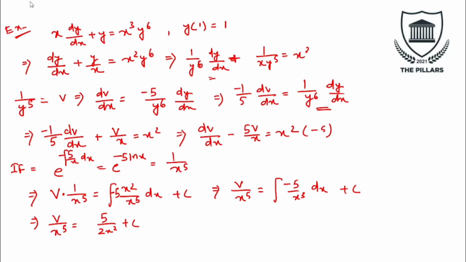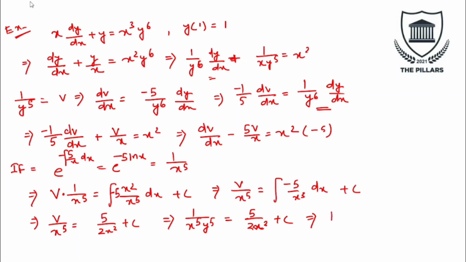And after substituting the value of v, we will get 1 by x to the power 5 into y to the power 5 is equal to 5 by 2x square plus c. Now we have been given this condition that y at x is equal to 1 is 1.